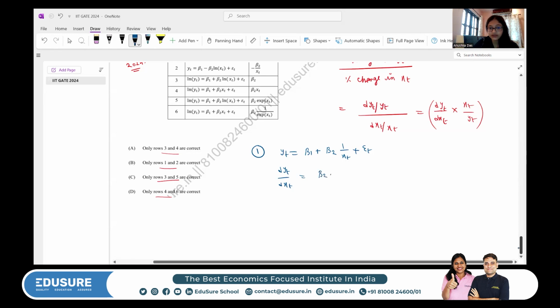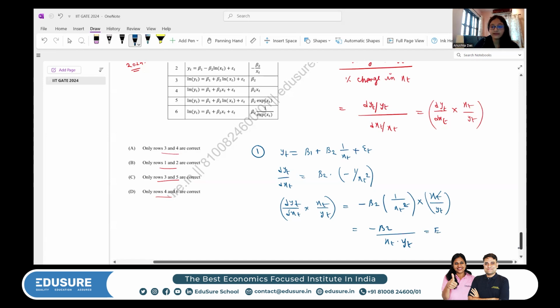It will be beta 2 into minus 1 by XT square, into XT upon YT. So this XT will cancel out and it will be minus beta 2 upon XT into YT, right? This will be your elasticity.